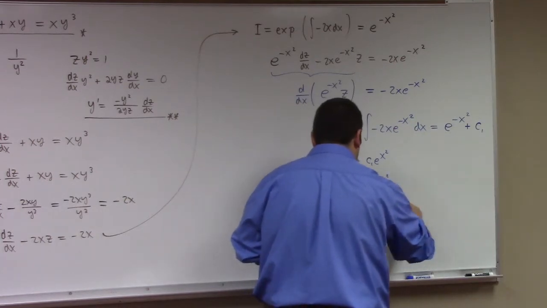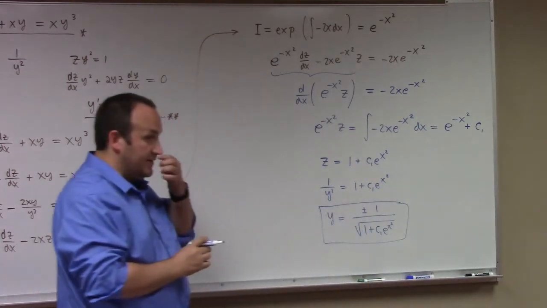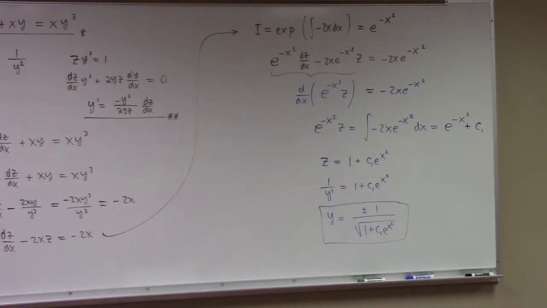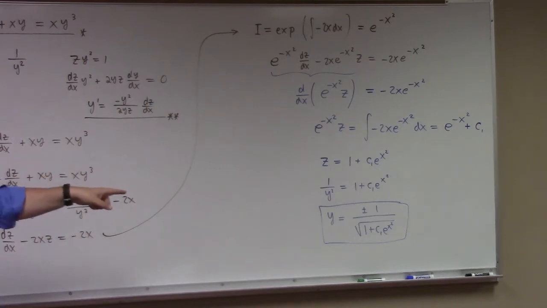And of course, I could choose a specific plus or minus if I was given an initial condition, right, with y being either above or below the x-axis. There's probably also an extraneous solution, a special solution. Can you see it now? What about y equals 0? Y equals 0 is also a solution to that problem, which is not even in that solution set, right? It's extraneous, yeah.